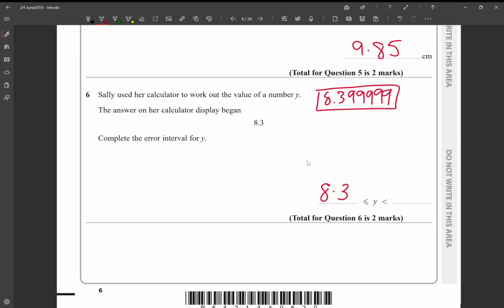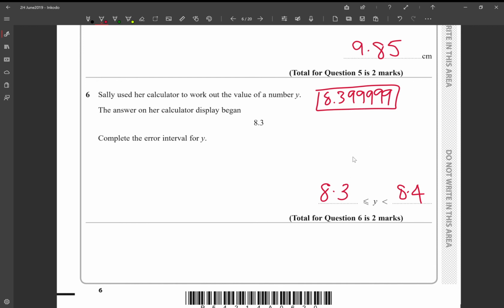Because this is so close, if you look at this symbol here, it means less than, so we actually write 8.4, because it's not including 8.4, it says everything up to 8.4, so 8.3 non-recurring.